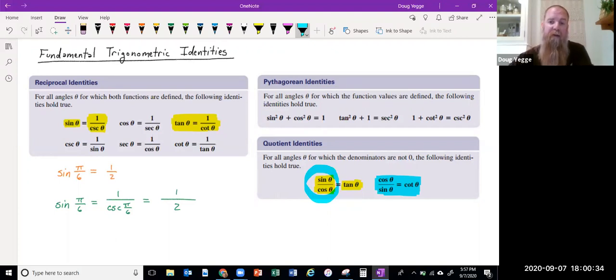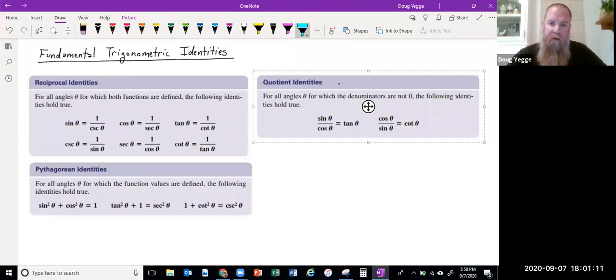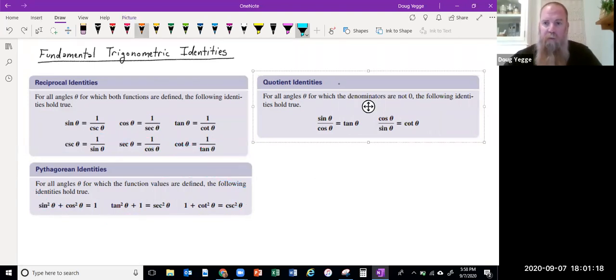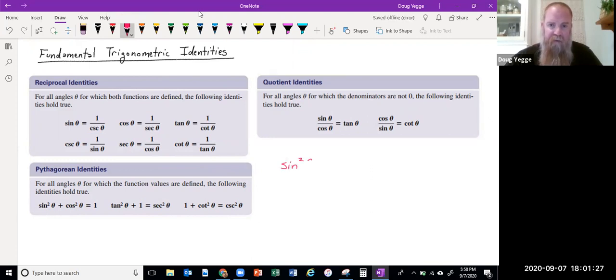Now, one of the most common types of identities that shows up are the Pythagorean identities. I'd like to take a look at these Pythagorean identities in a little more detail here, because we proved this at a prior time at the end of chapter 1, but I want to start off by manipulating this identity that says that sine squared theta plus cosine squared theta is equal to 1.